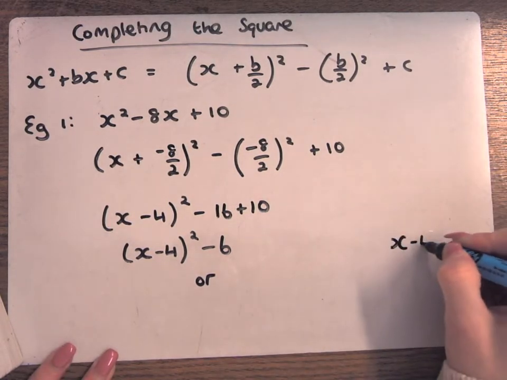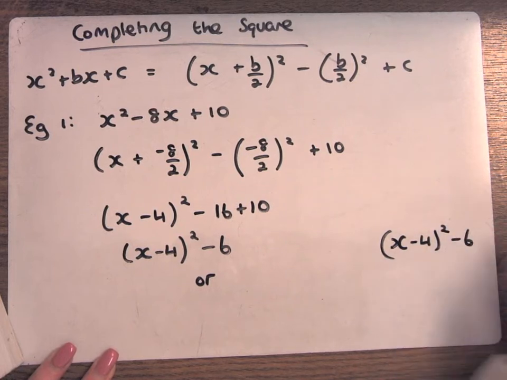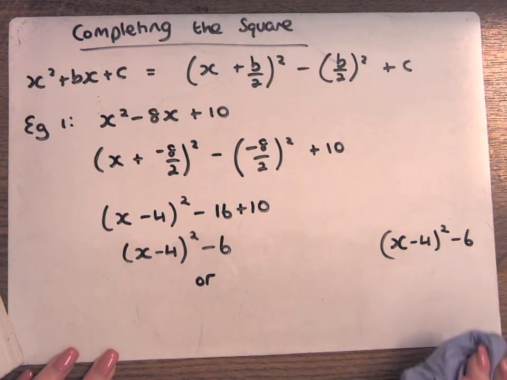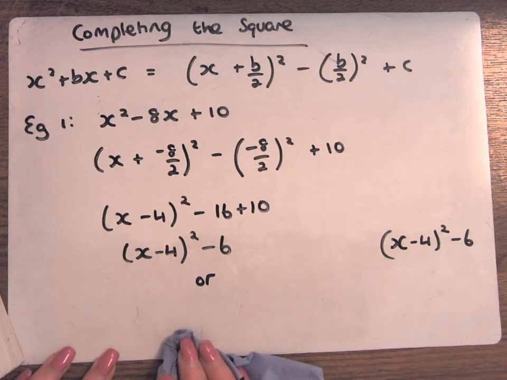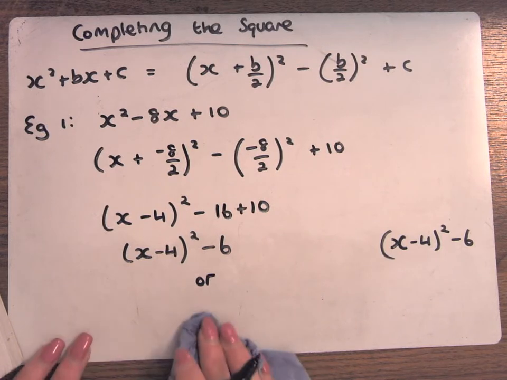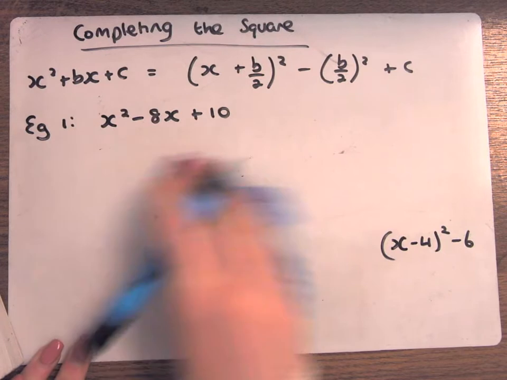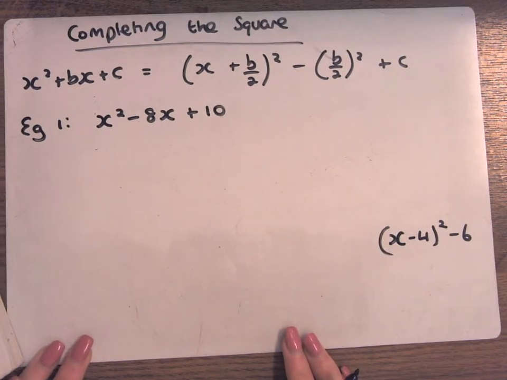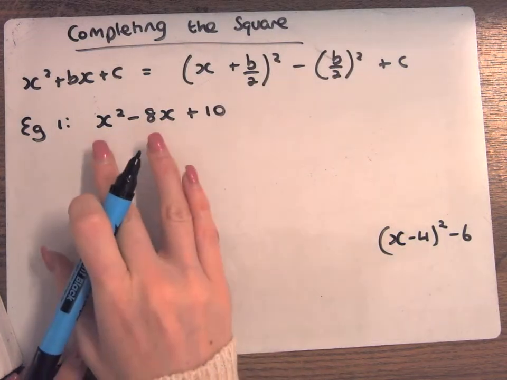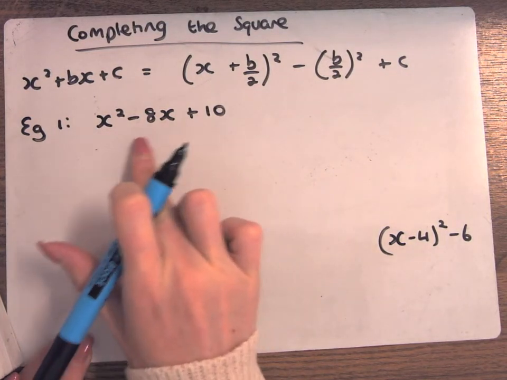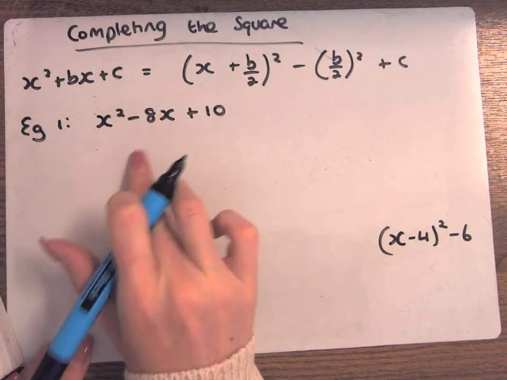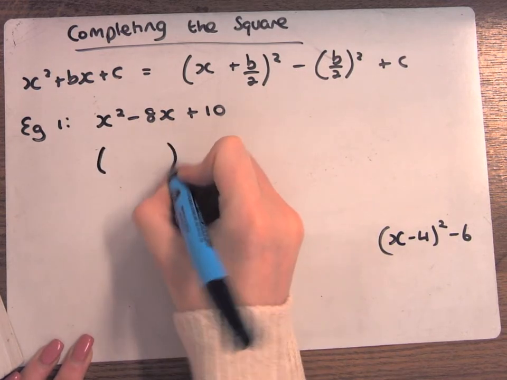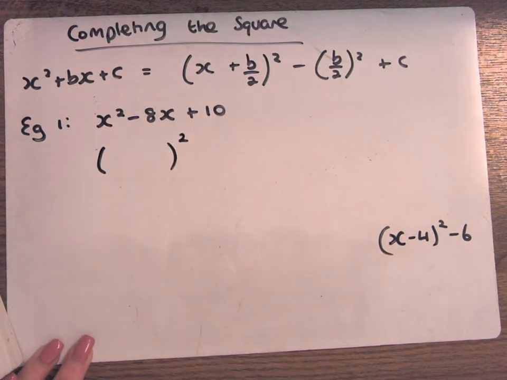Now I'm just going to write this over here so I can check that we have the same answer in a minute. Okay, so let's say we're given this. You want to make it a perfect square. So you make it a perfect square by using these two. Now, it's a perfect square.